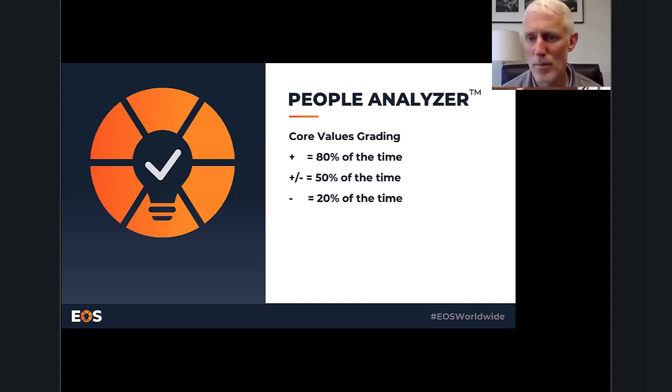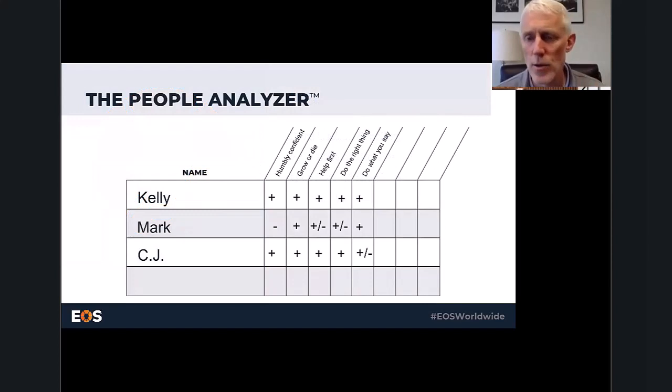Plus minus is about half the time. And then a minus is certainly less than half the time; they're pretty inconsistent in living these. They might have an occasion here or there to live them, but day in, day out, they're not living the core values. And what we're then going to do is go through each of our people.